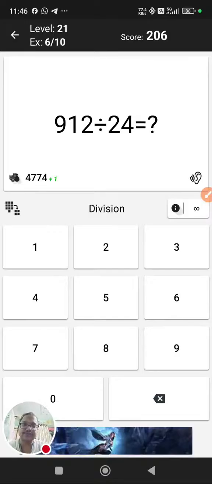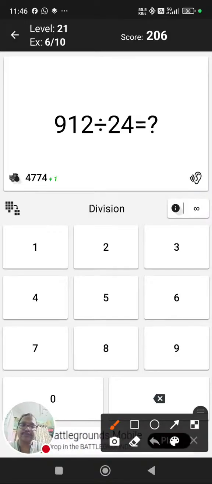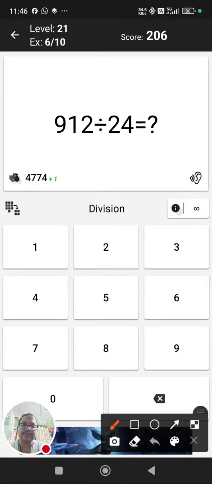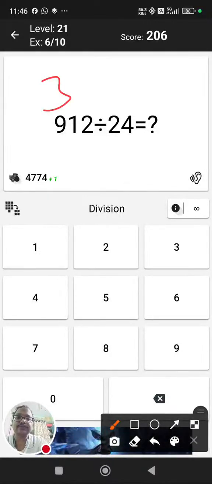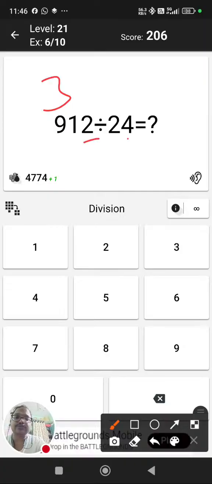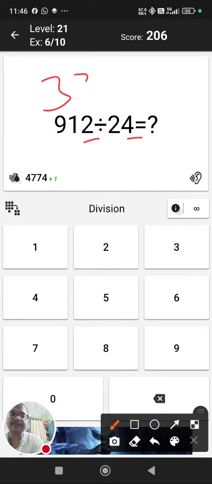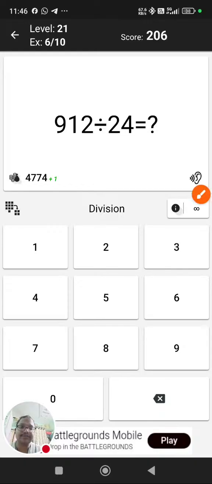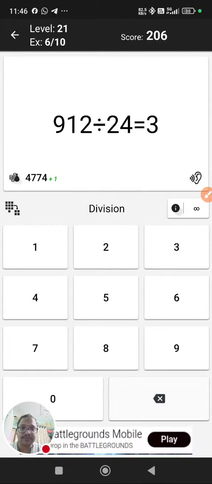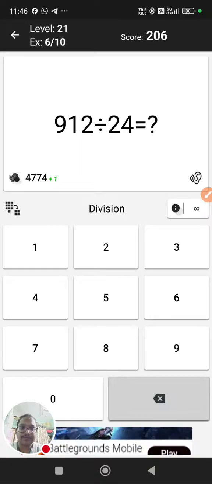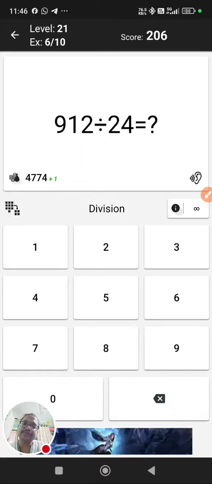Next, this one will be 4 times, which will be 96, but 3 times we get the unit digit is 2. 4 becomes 2 when it is multiplied with 3 times, so the answer will be 33 times. 24 3 times will be 72.